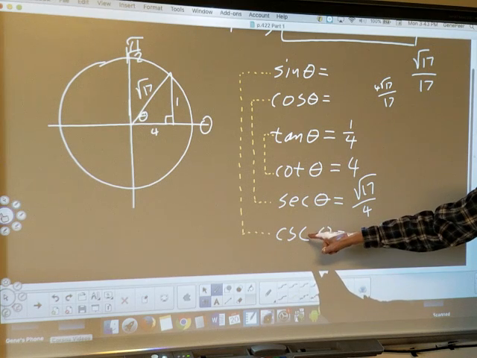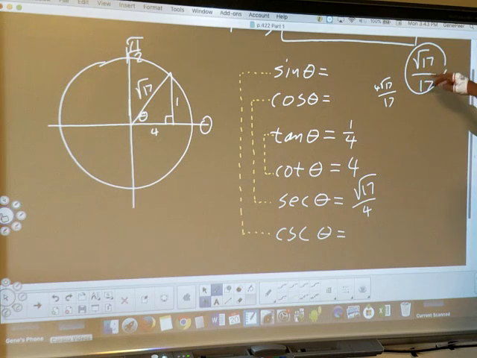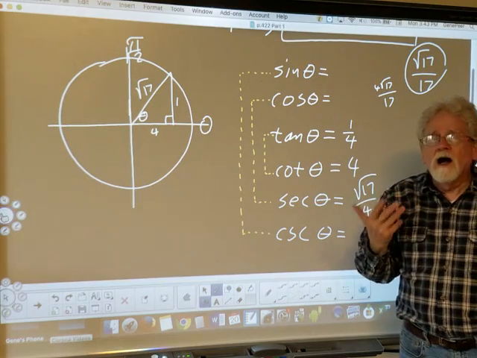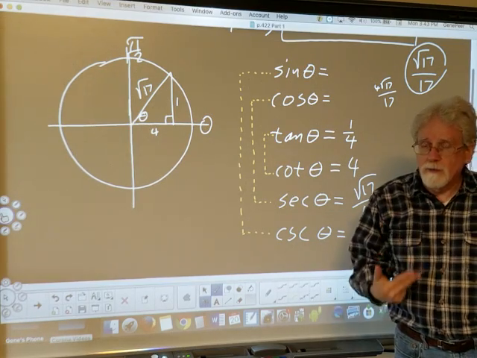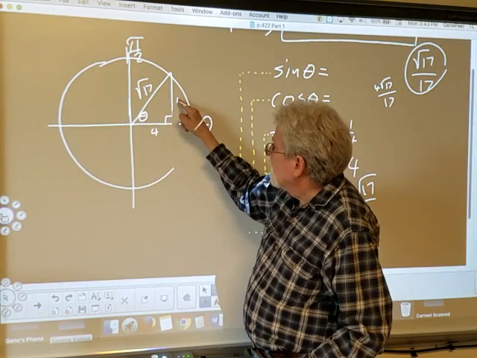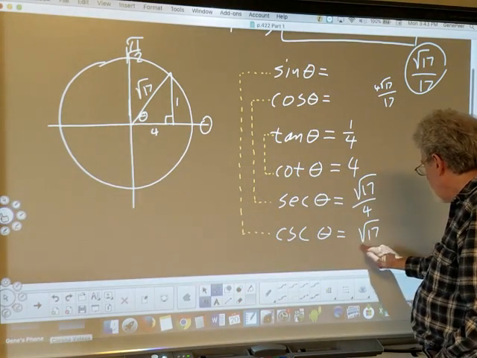And cosecant, being the reciprocal of sine, yes, I could go back to this and flip that and then get rid of the radical, but why go to that much trouble when I know that cosecant is not opposite over hypotenuse, but hypotenuse over opposite. Hypotenuse over opposite. Square root of 17 over 1. The easier way to do it.